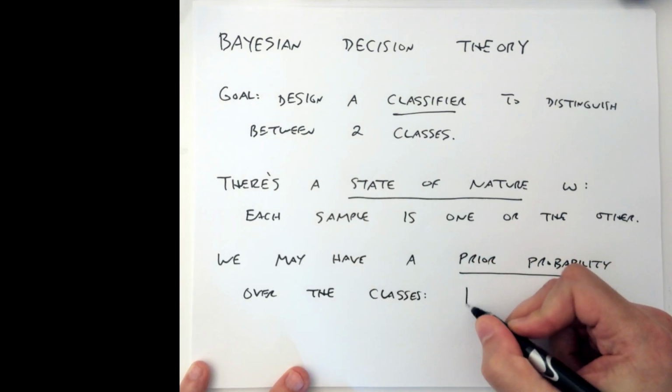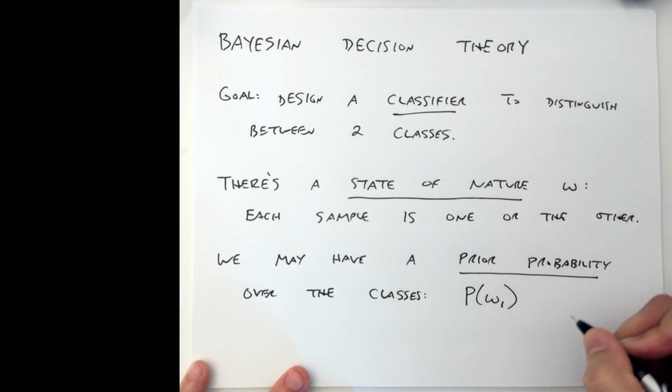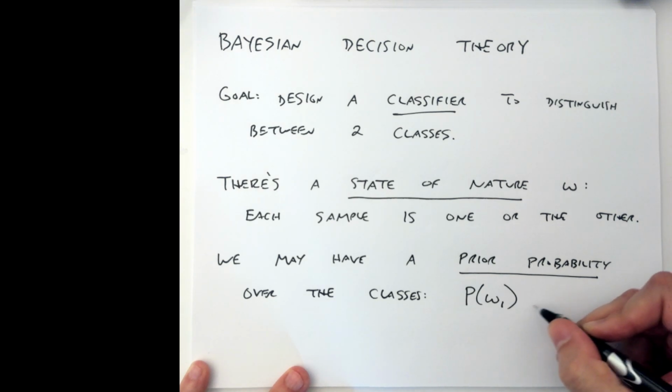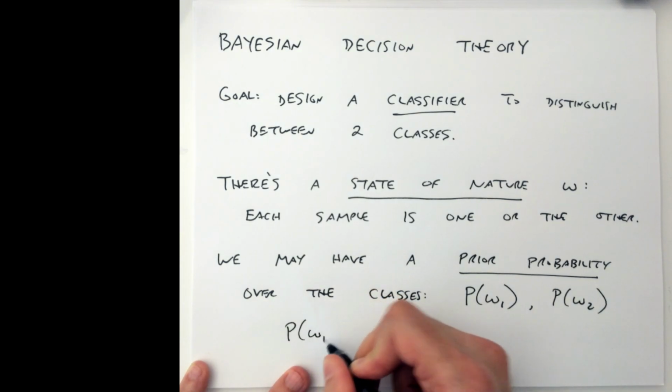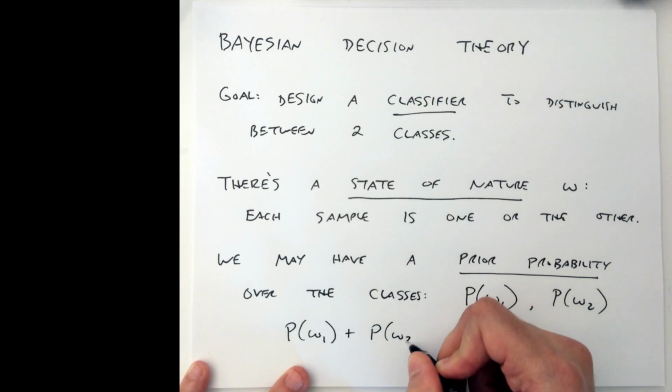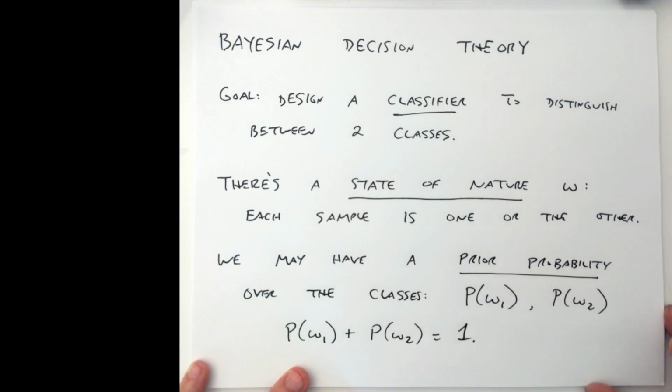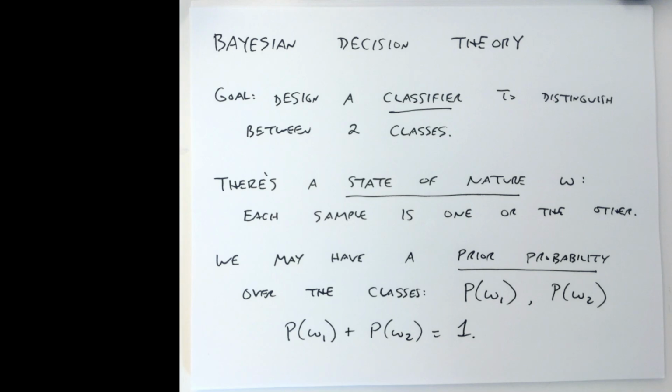That's like saying I have a probability that the object is class omega 1 and a probability that the class is omega 2, and these things have to add up to 1. One way of thinking about this is like a probability mass function, a PMF, over the class labels, right? So there are two possible outcomes.